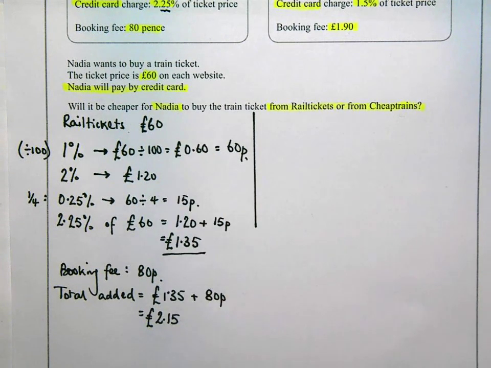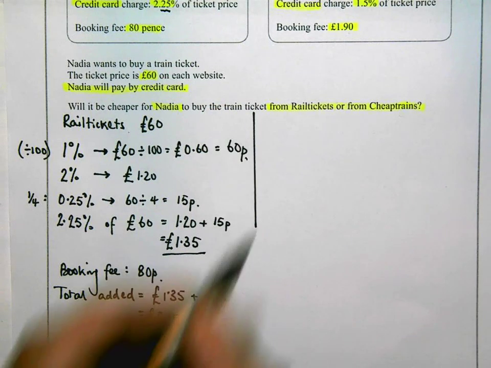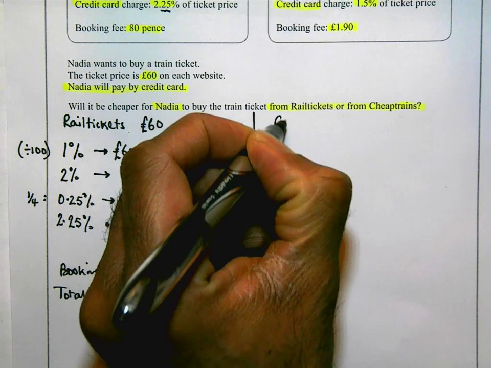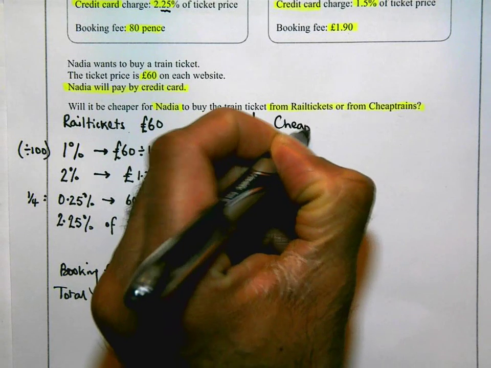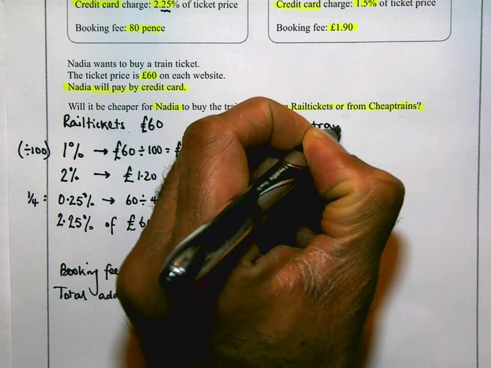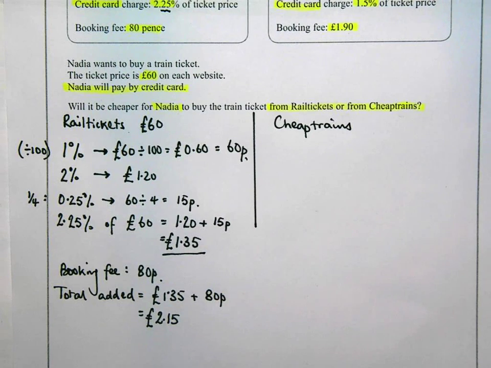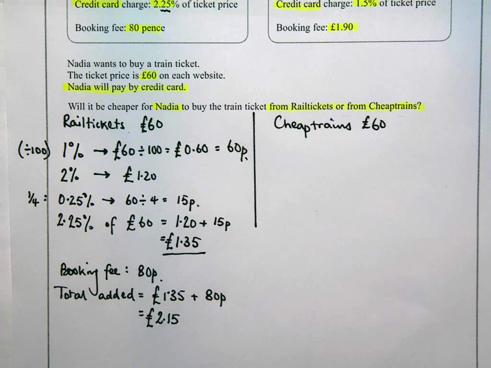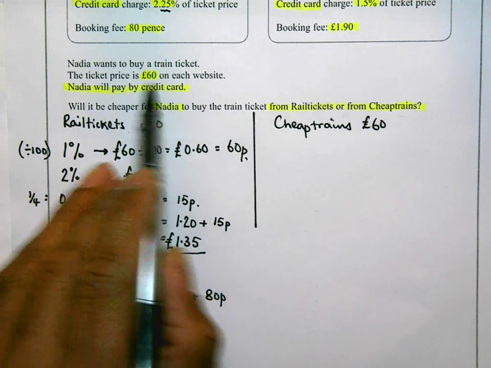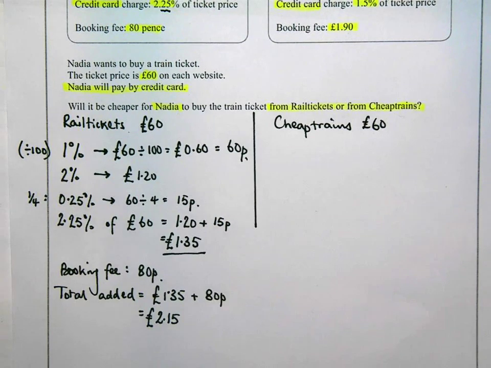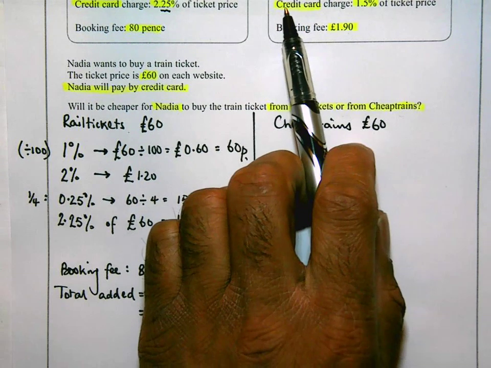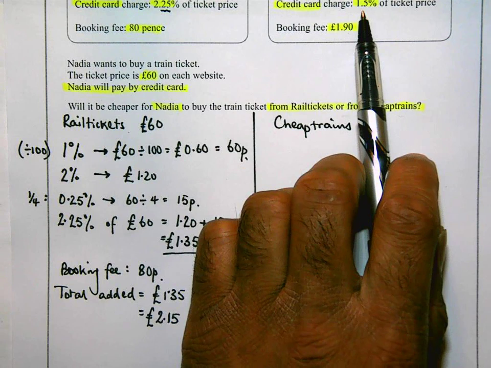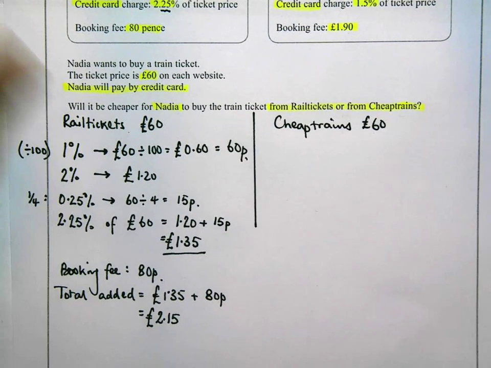For cheap trains, the ticket price is still £60. They said that the ticket price on each website is £60. So I need to work out the credit card charge, which in this question is 1.5%. If I just bring this down a bit, you can see that.